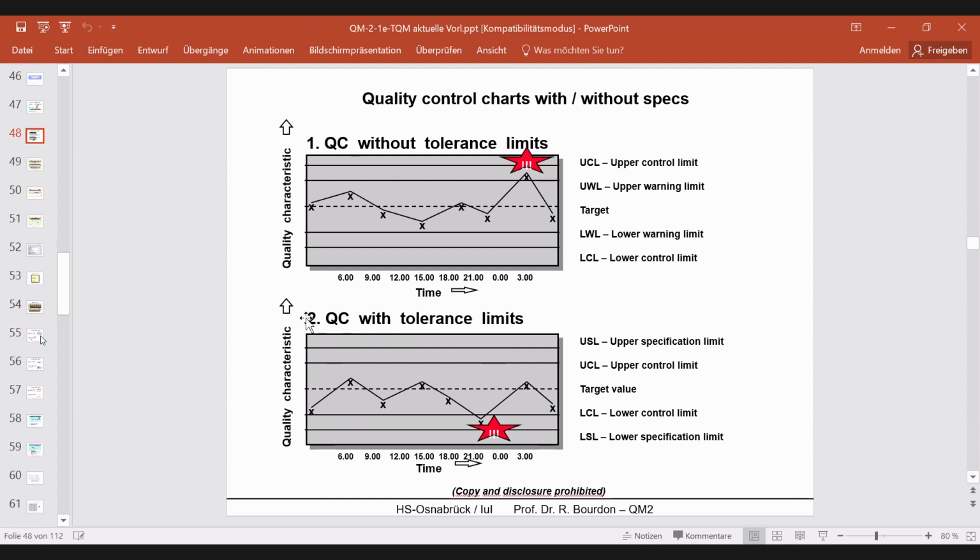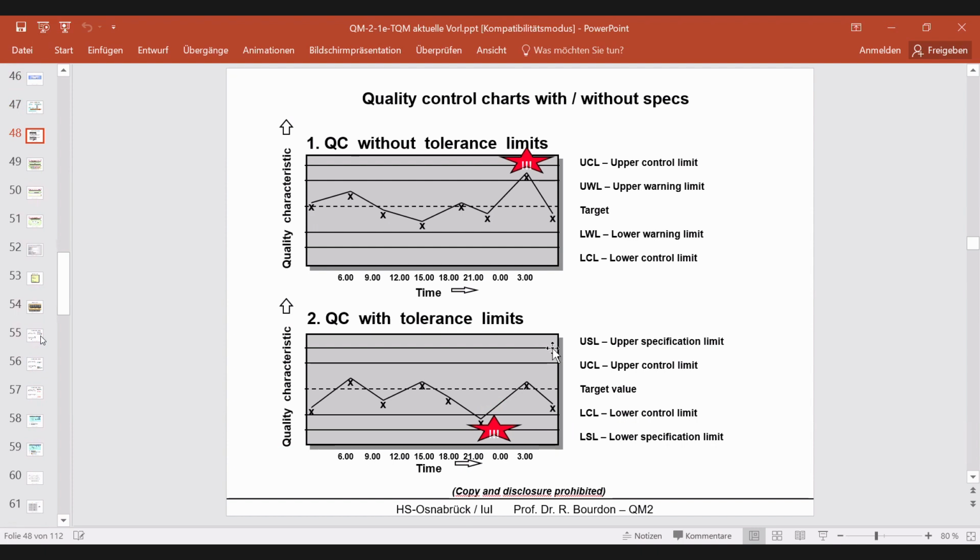If the customer has defined tolerances, so in every drawing there are tolerances, then you have an upper specification limit and a lower specification limit. Between the specification limits, this is the tolerance. And now inside this, you have an upper control limit and a lower control limit.